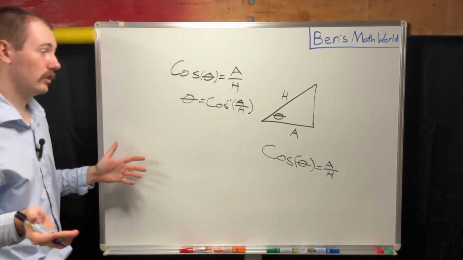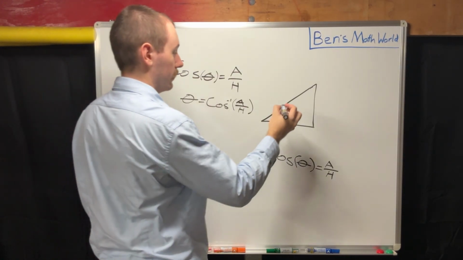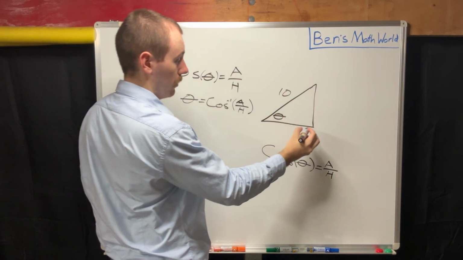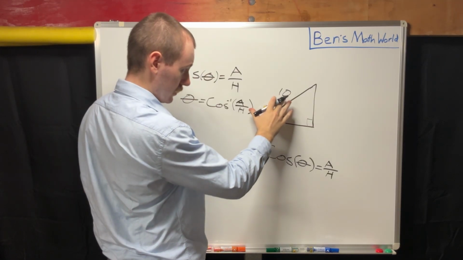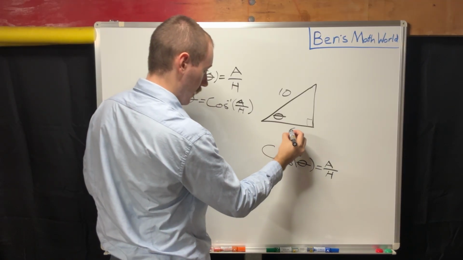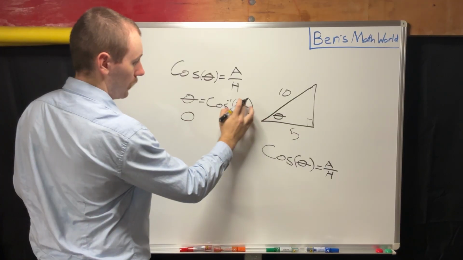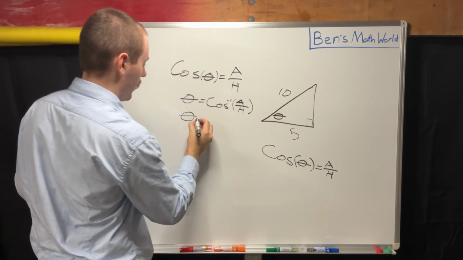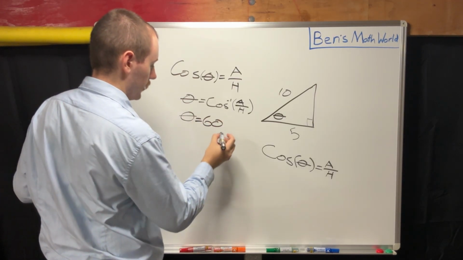And it's that simple. So let's try an example where the hypotenuse is 10 and the adjacent, so the one that's not the hypotenuse, that is next to the theta, but not the hypotenuse, is 5. Now when we plug this in, so we put 5 as the adjacent and 10 as the hypotenuse, then we get cos -1, 60 degrees, okay?